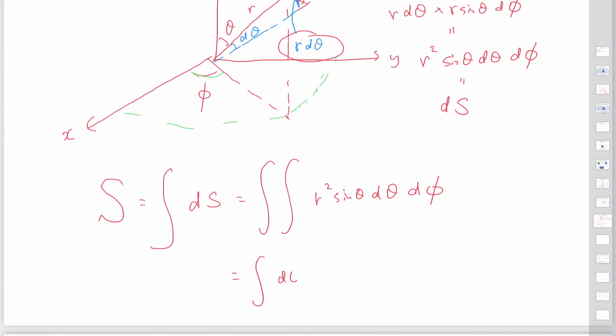Theta changes from 0 to pi, and phi changes from 0 to 2 pi, with r squared sine theta. Then you could perform the calculation. It becomes 4 pi r squared. Maybe you have learned the area of a sphere is expressed as 4 pi times r squared.